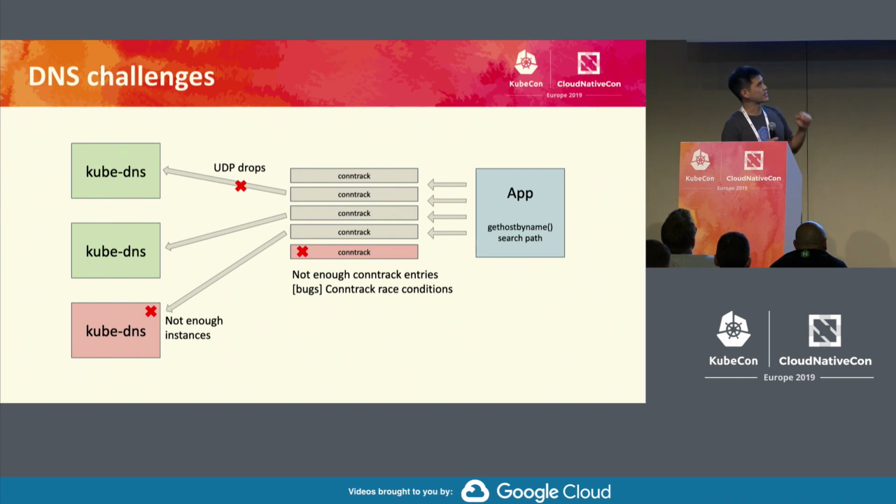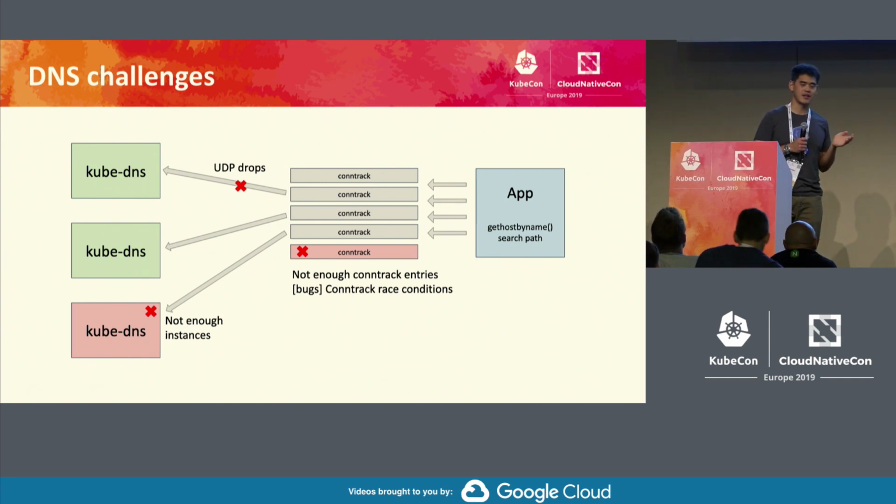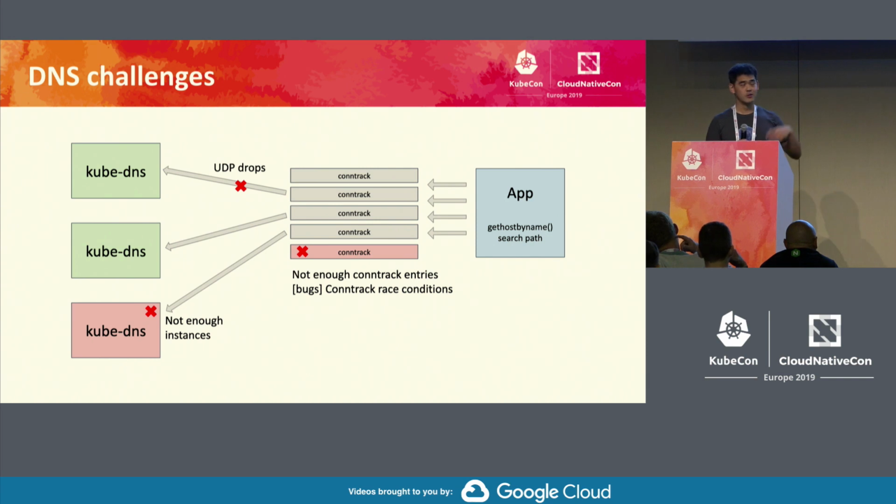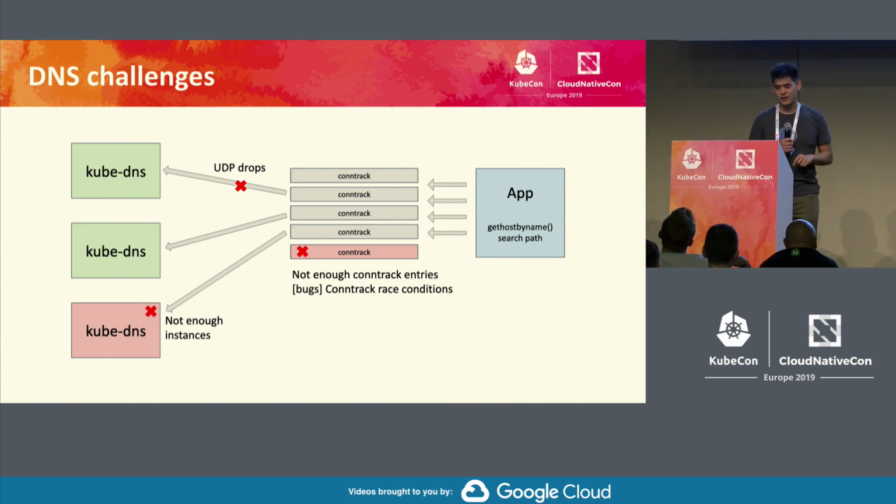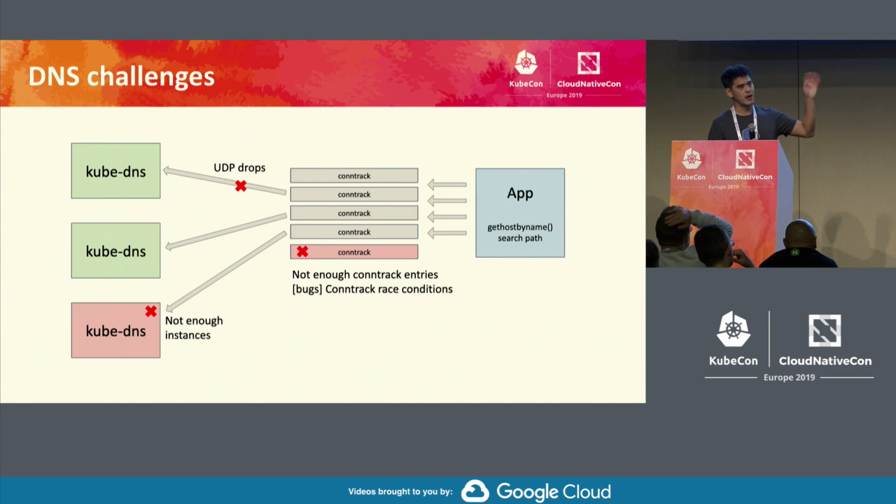And we hit the conntrack table because kubedns is going to be a service, so we may run out of conntrack entries. Also, DNS is a UDP protocol, and who knows where that UDP packet went, so we might have lost it going to the query. And finally, because of this search path amplification, you may not have enough instances to soak up all this load. So there's a whole slew of problems associated with the volume of DNS queries that we see in Kubernetes.